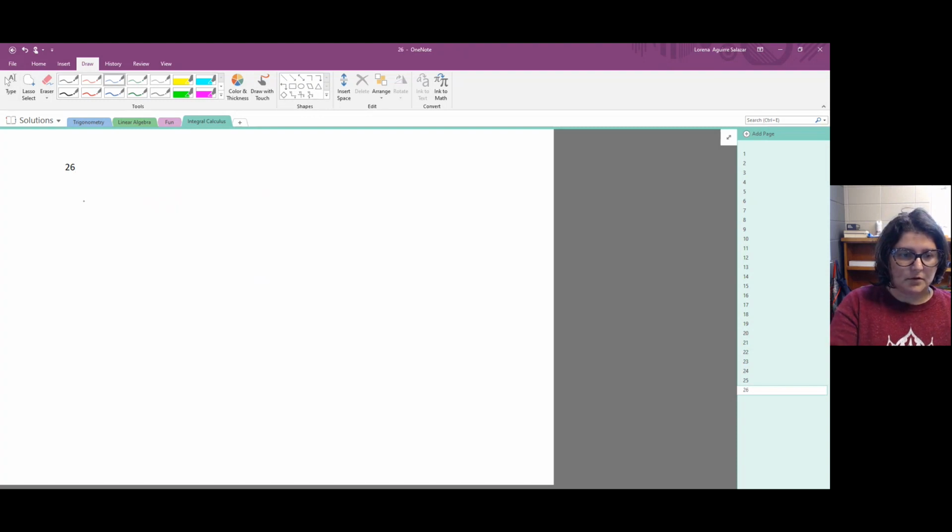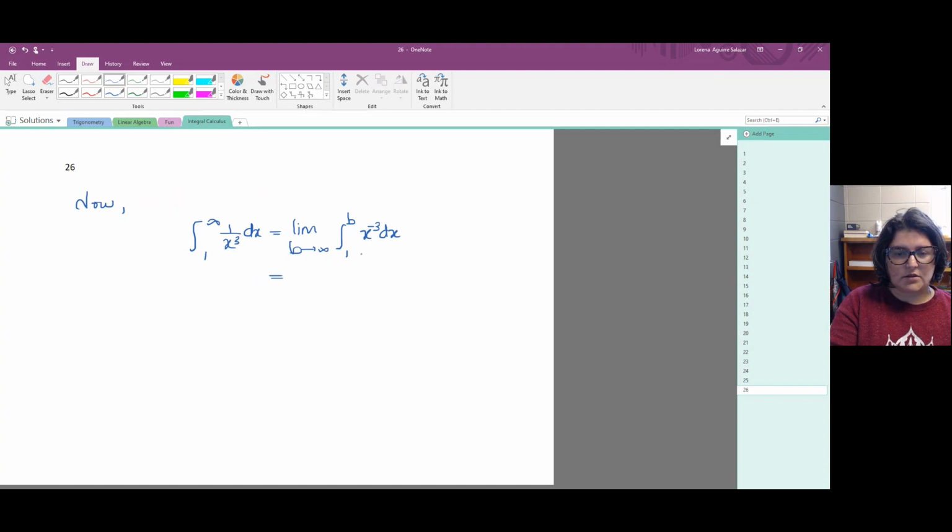When we have the integral from 1 to infinity of 1 over x cubed, this integral converges because we have the limit as b goes to infinity of the integral from 1 to b of 1 over x cubed, and that 1 over x cubed can be written as x to the negative 3.